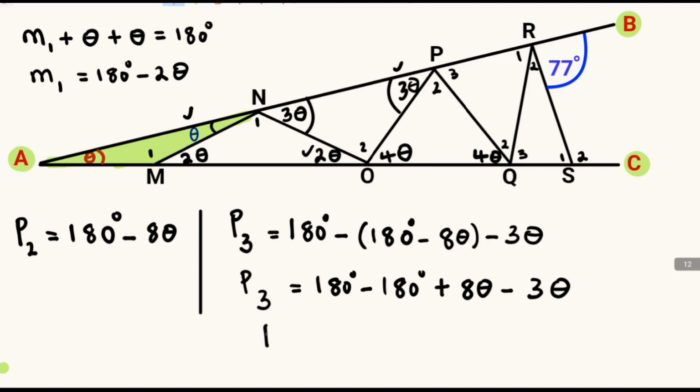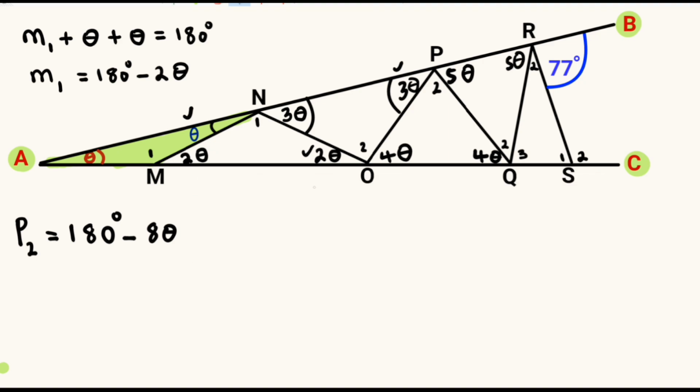So our P3 will be equal to 5 theta, and since PQ and QR are equal, then R1 will also be equal to 5 theta.